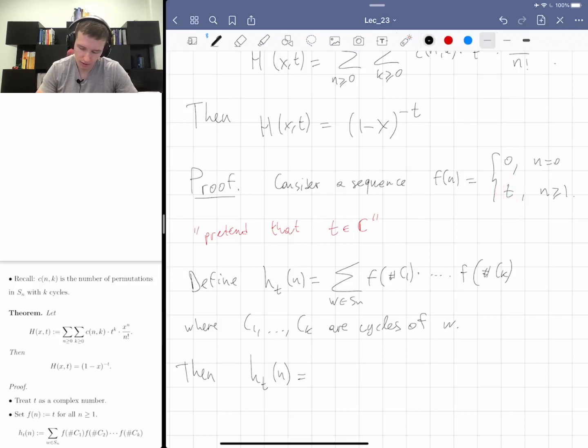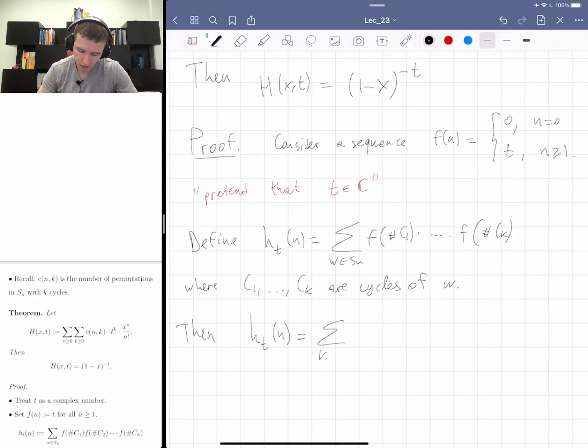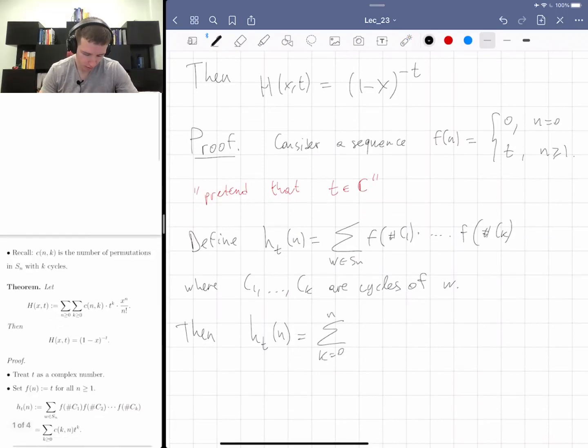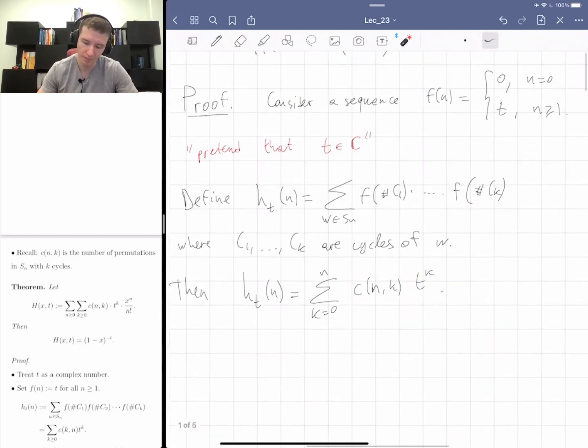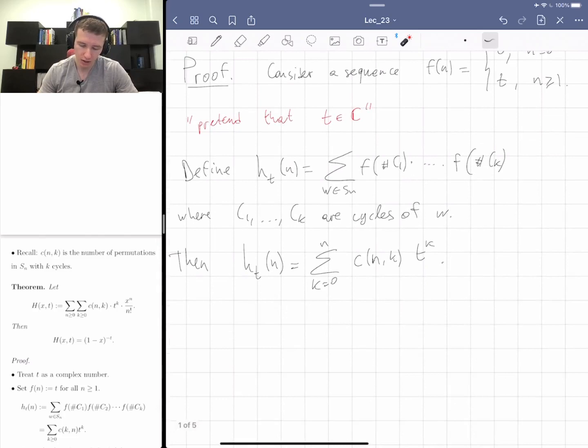So it is the sum over all k from 0 to n of c(n,k) times t to the k. The t to the k comes from, if there are k cycles, then there is a t to the k. And the number of such permutations is c(n,k).